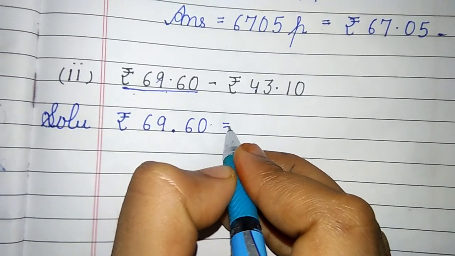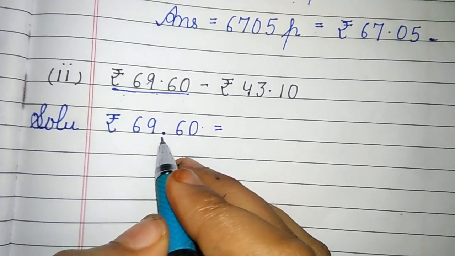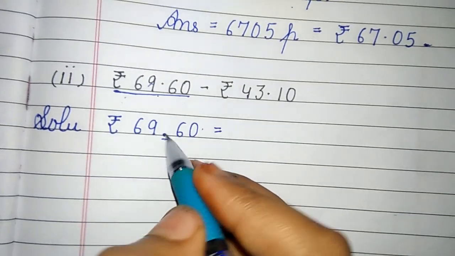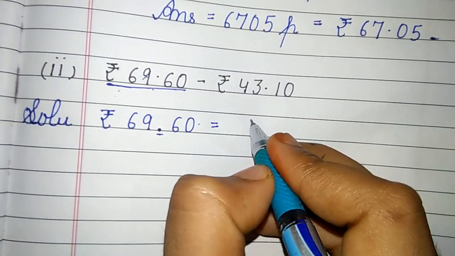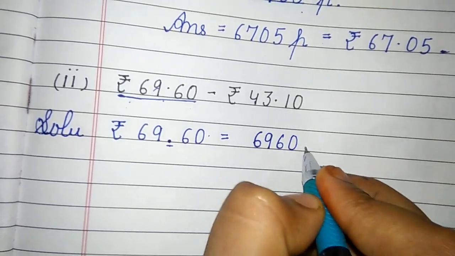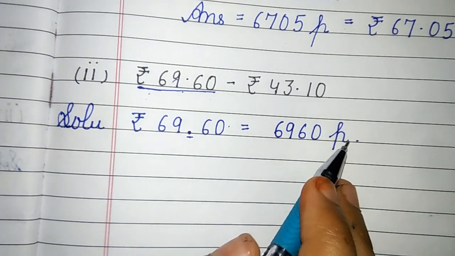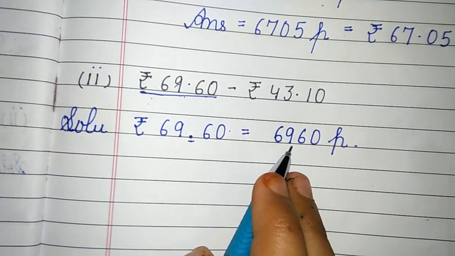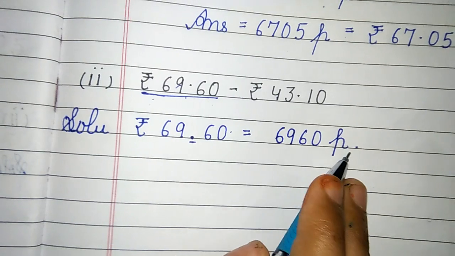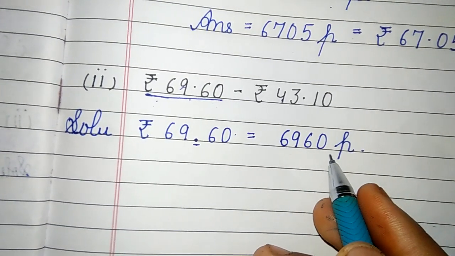Now convert it. First we have to remove this dot. Now it will convert into paise. So paise is 6,960 paise. You can see that it has converted into paise.